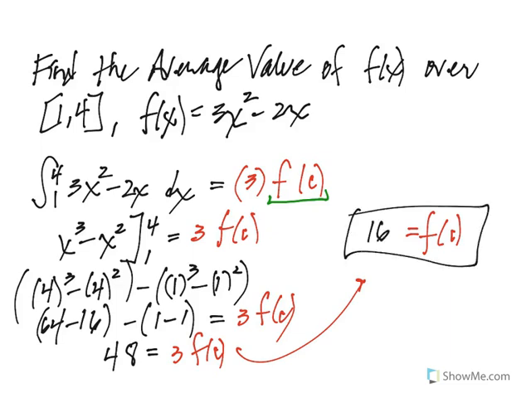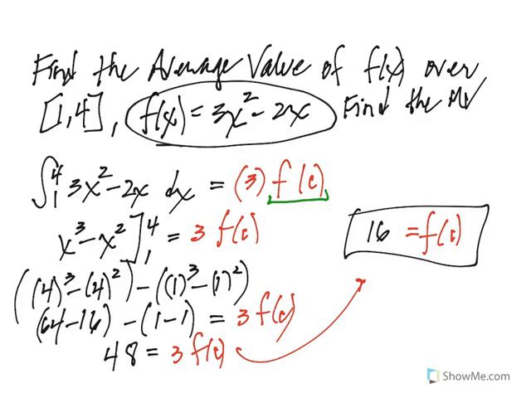This is, in fact, the average value. All right. Now, if I ask you for the mean value, what I'm looking for is the corresponding x that gives me the y value of 16 on the original function.